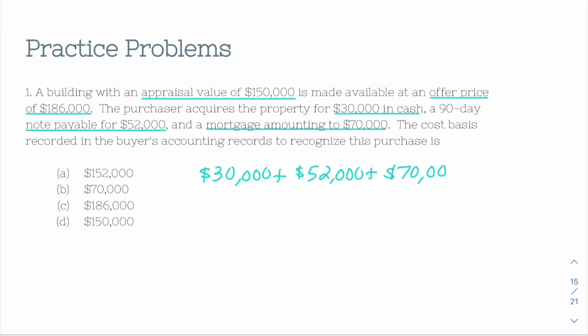So in total, that buyer paid $152,000, and that is what the buyer will record in their books. So that is going to be A. So here, this is extraneous material, and this is as well. They're just there to trick you. We're just focused on what we paid, and what we paid is what we put down in our accounting records.